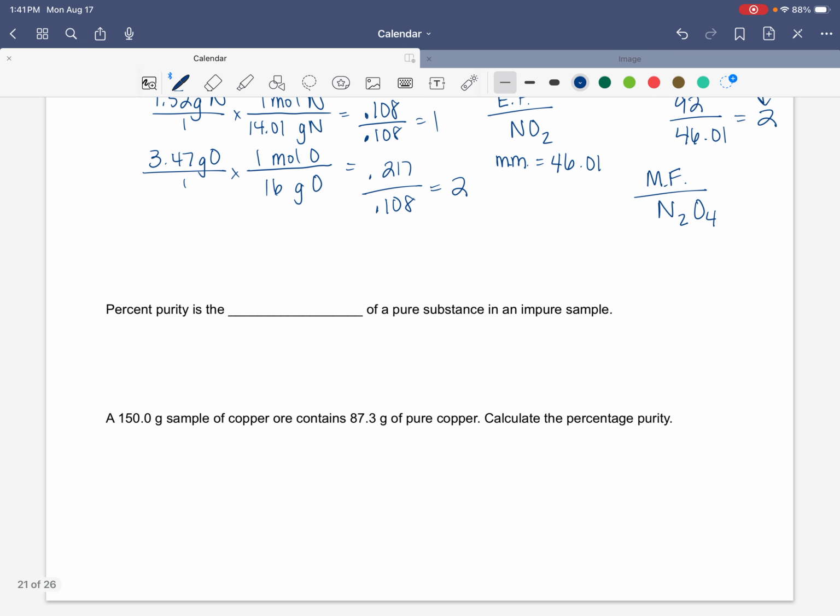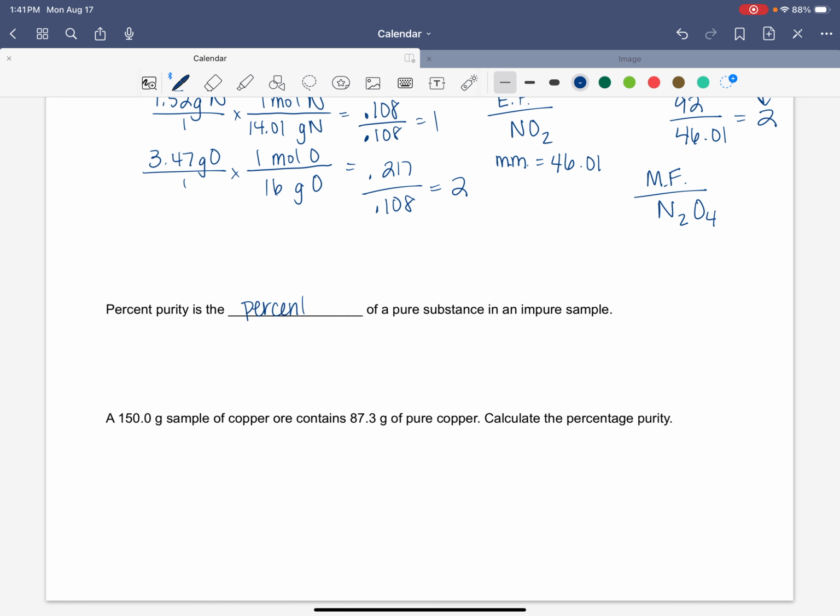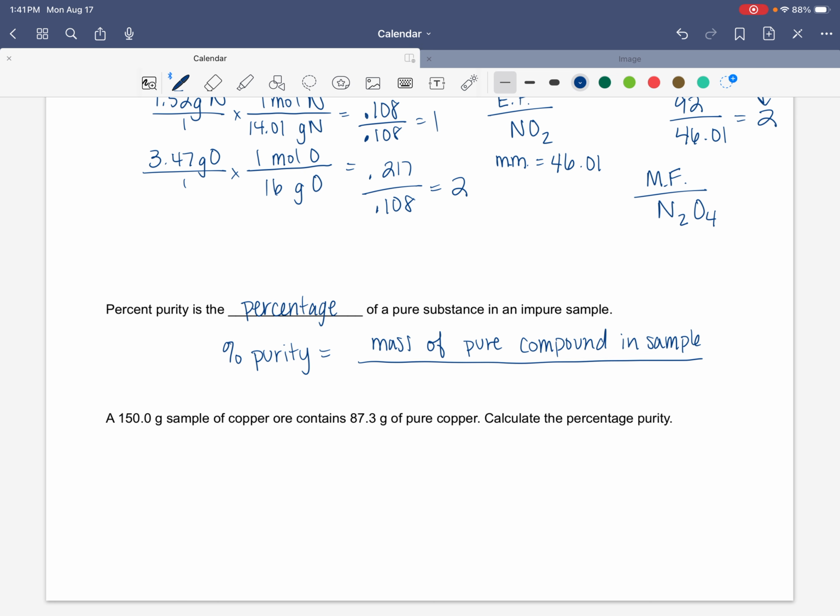Lastly, we can also find the percent purity, which is just the percentage of a pure substance in an impure sample. So the equation for percent purity is the mass of the pure compound in the sample divided by the total mass of the impure sample.